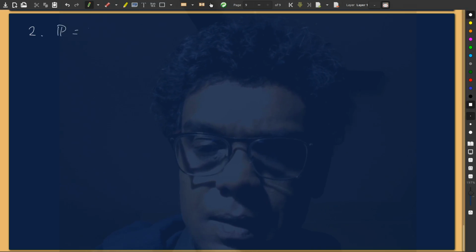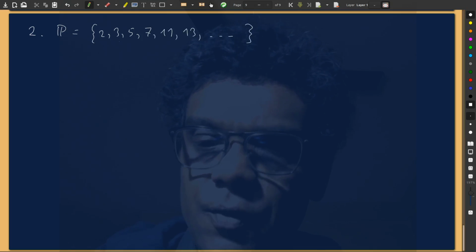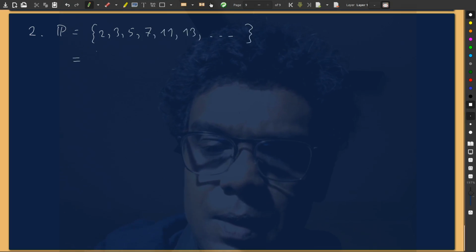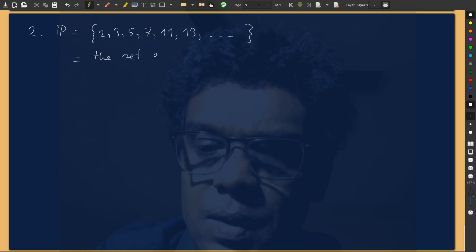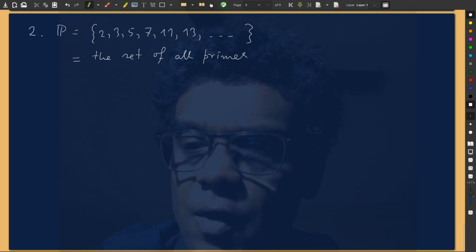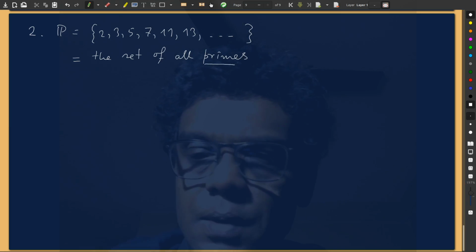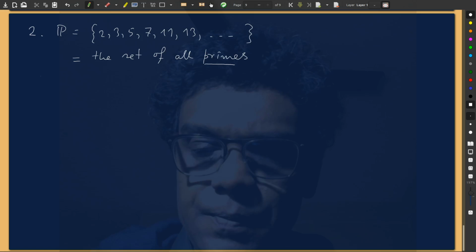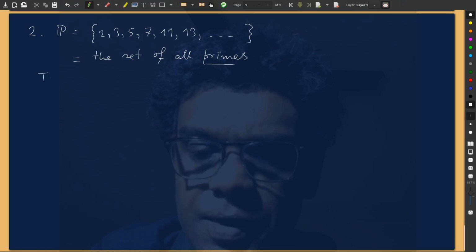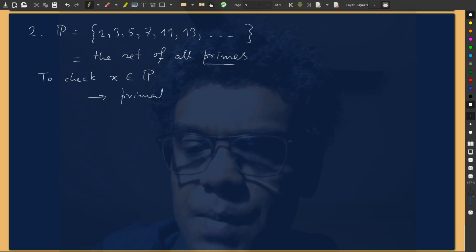Okay, so let us look at a second example. P. You can see 2, 3, 5, 7, 11, 13, and so on. Of course, this is not a finite representation, but this is an English language description of this set, the set of all primes, with our understanding of what we mean by a prime. And to check whether an integer x belongs to P is nothing but the primality testing problem.